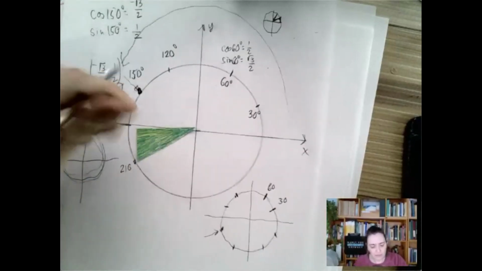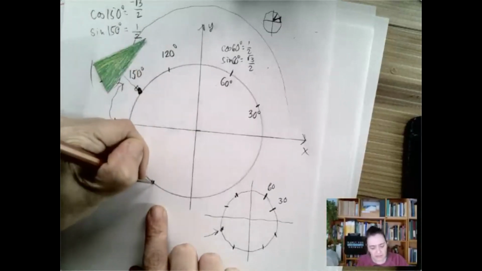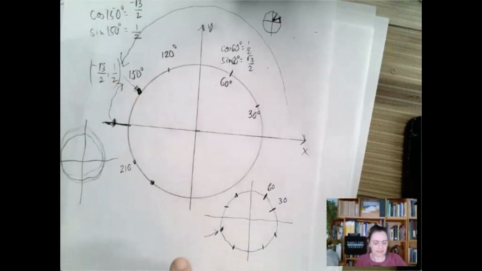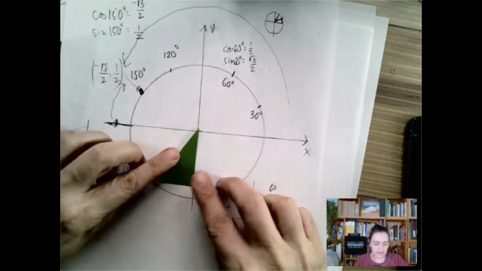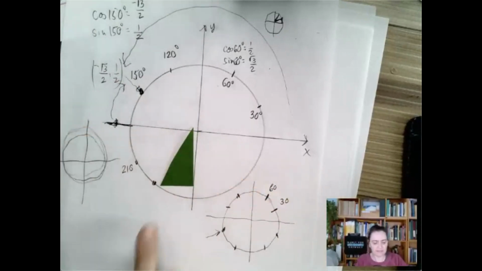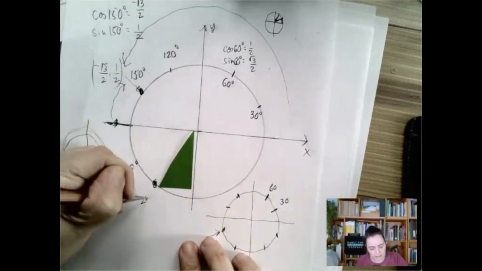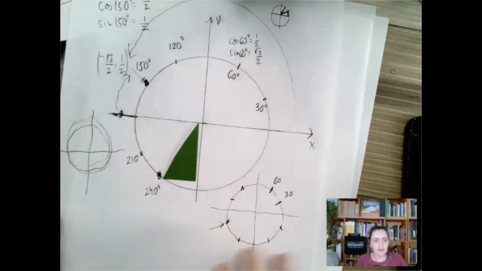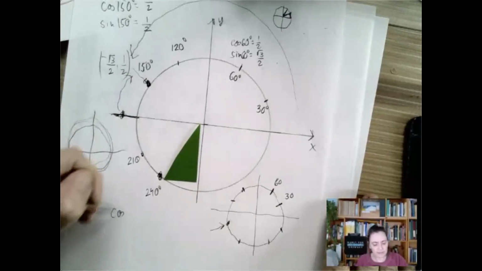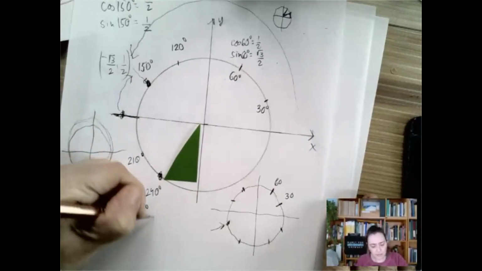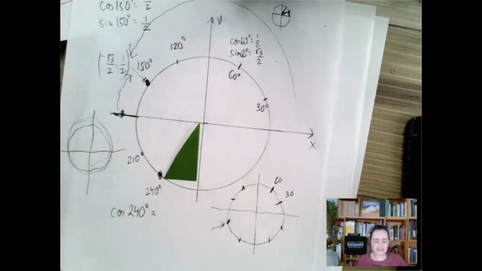And then the next one, which again, just trisect it, let me see if I got it right. No, not even close. What angle is this? 240. All right. Now, the cosine of 240 is the first coordinate of this point. That's the x coordinate. What's that?